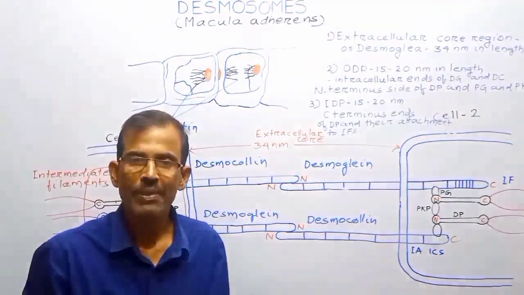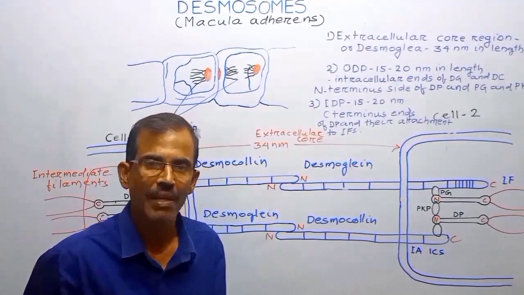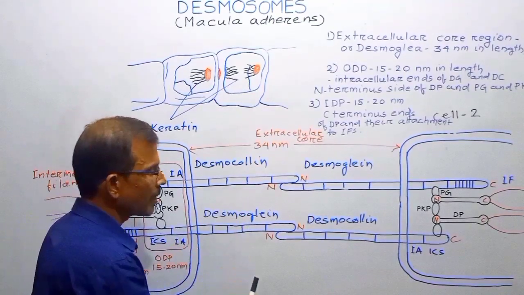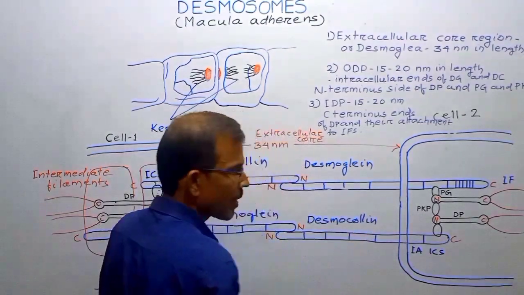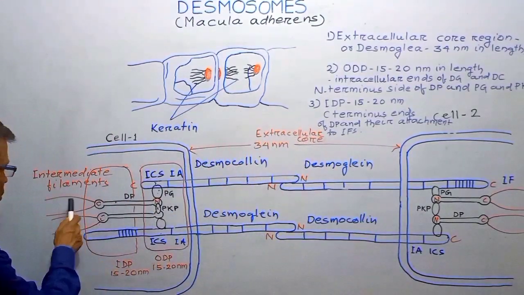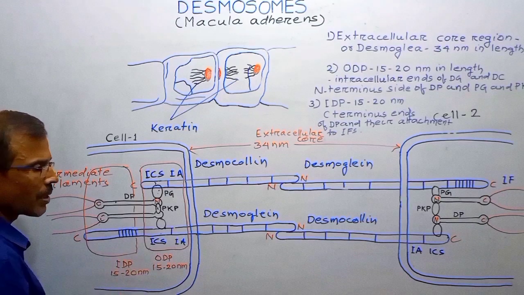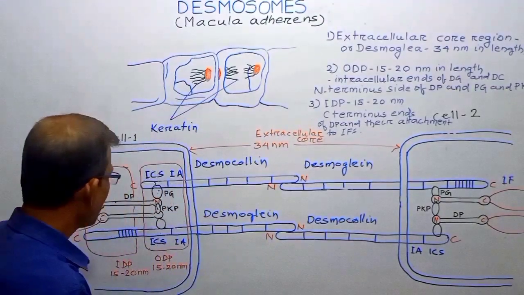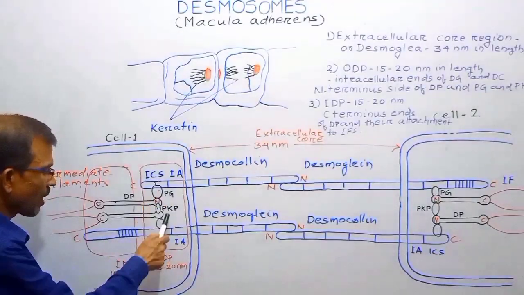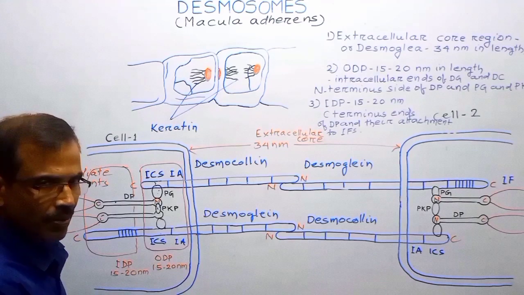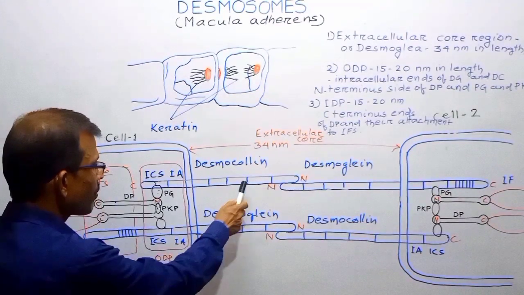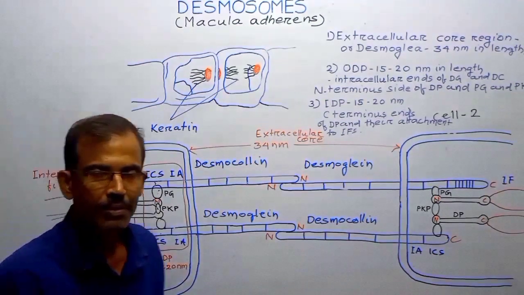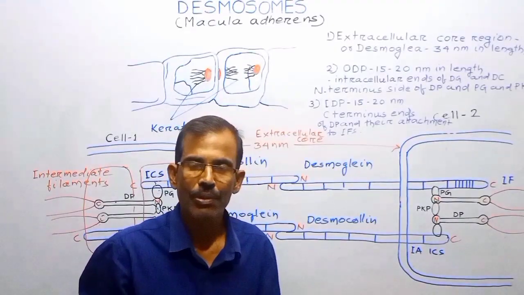So desmosomes are modular structures comprising adhesion molecules such as desmocollin and desmoglein that bond cells together, cytoskeletal cable, that is intermediate filament, which disperses the force, and the linking proteins at the cytoplasmic plaque that transfer the mechanical load from the adhesion molecule to the intermediate filament cytoskeleton. So friends, this is about desmosome.